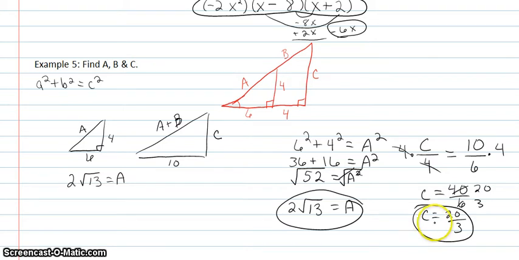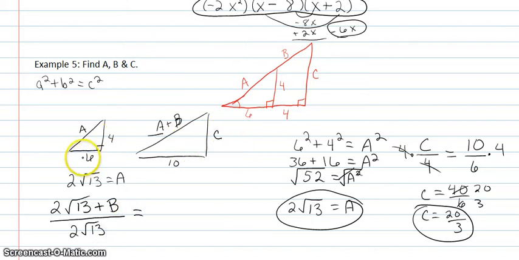So now that we have a and c, and we need to find out what b is, I can fill in that 2 square roots of 13 for the a here. And I can make a ratio. And I can use either 6 and 10 or my 20 over 3 and 4, which I'll use the 6 and 10.